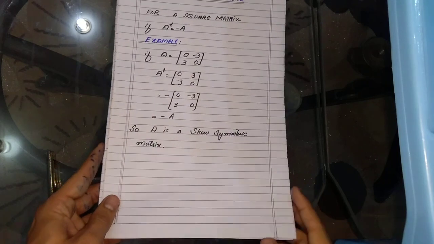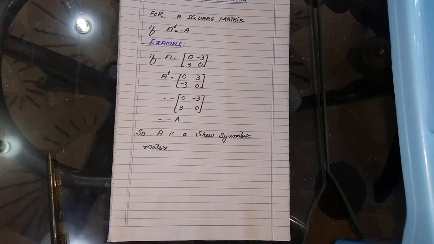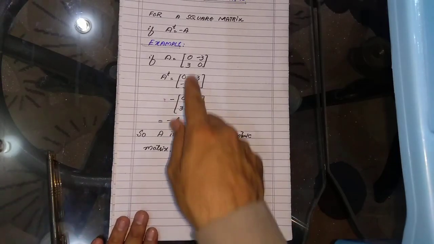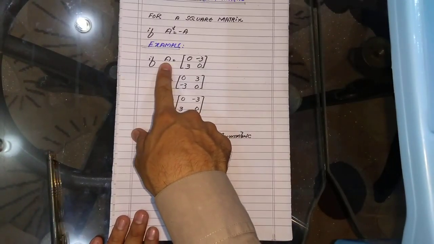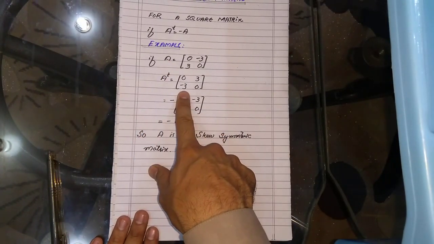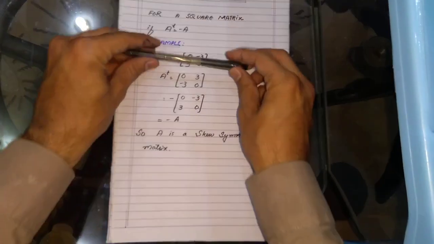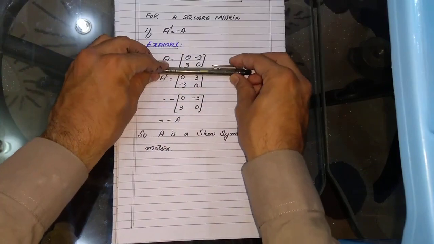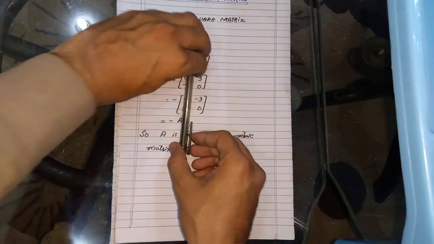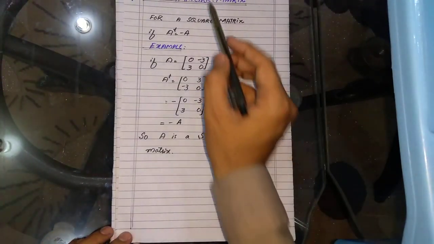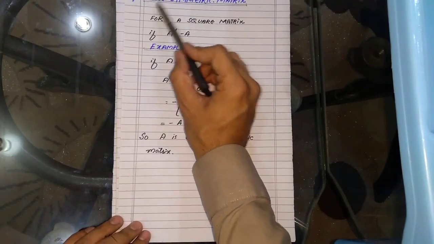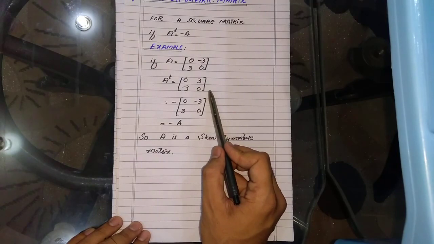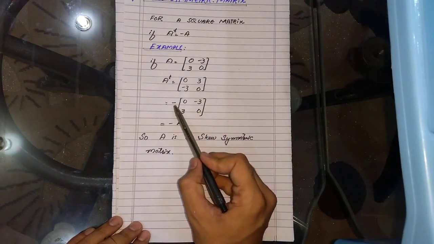The next property is skew symmetric matrix. For this matrix, first you have to calculate the transpose. So there is a matrix A. We have calculated its transpose. So the first row is interchanged with the first column and the second row is also interchanged with the second column. Now step 2. When you are going for a skew symmetric matrix, the second step, after calculating the transpose, is to take minus as common.